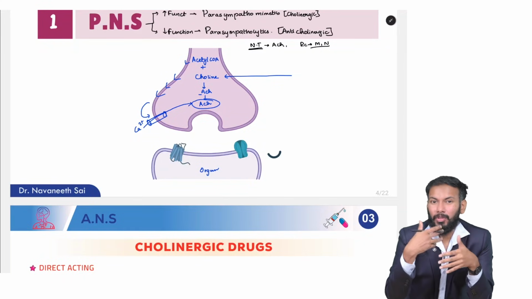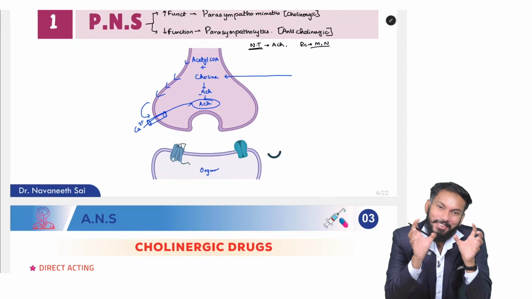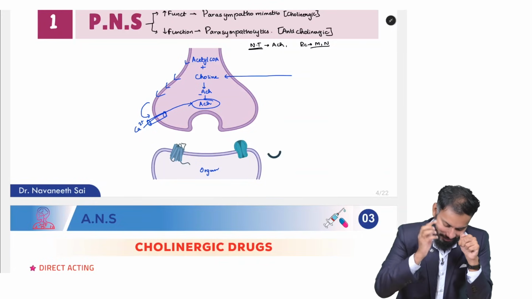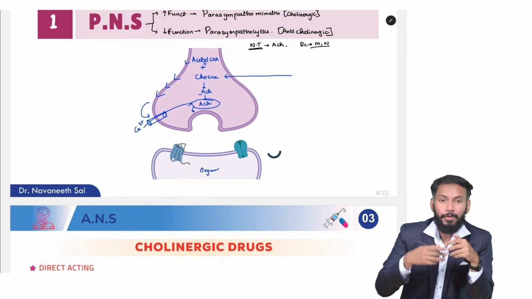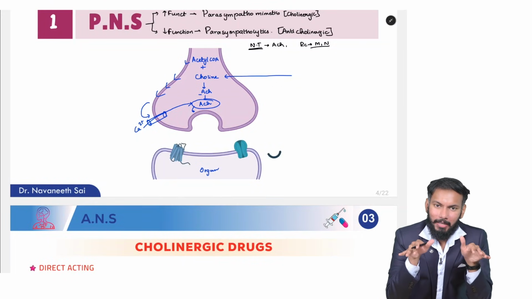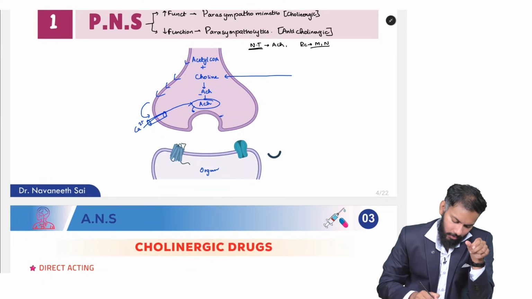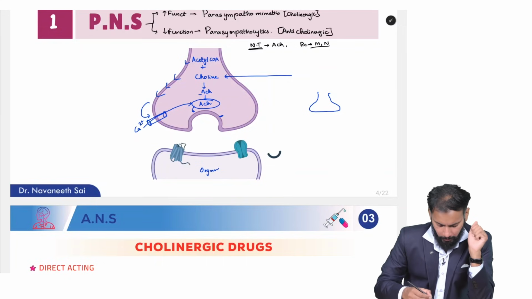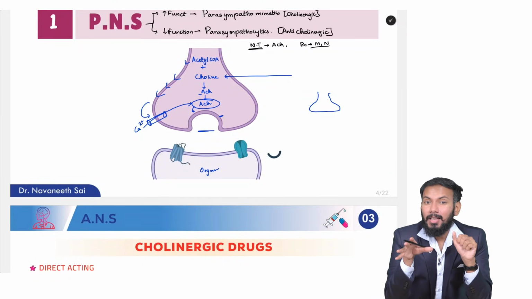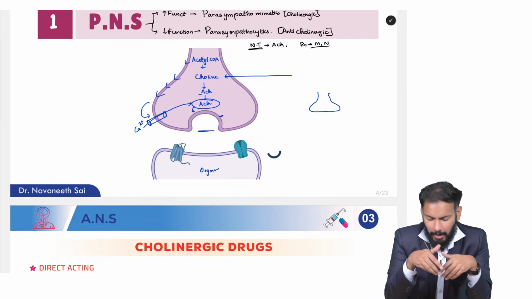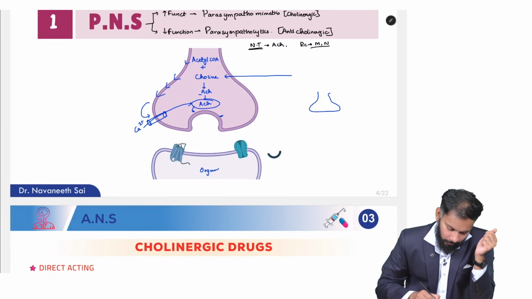This calcium will act on the vesicle. This will cause contraction of the vesicle. So when there is contraction of the vesicle, this vesicle will fuse to the synaptic membrane. You can see here, this is the vesicle that is fusing with the synaptic membrane. Otherwise, the nerve terminal is supposed to look this way, no? Now, why is it looking like this? Because the vesicle is fusing with this, and acetylcholine is released.